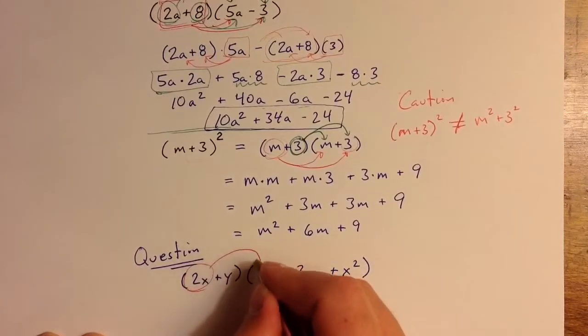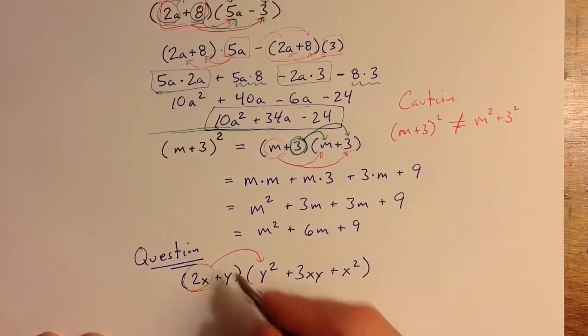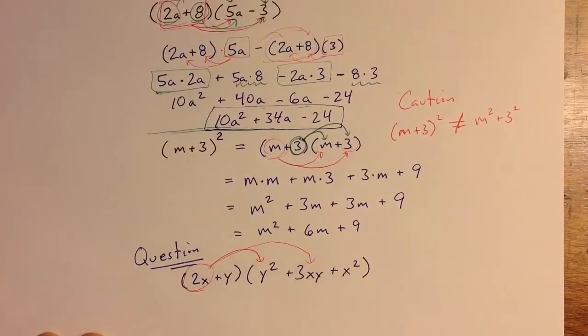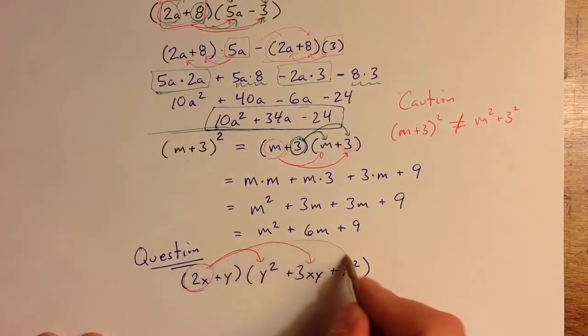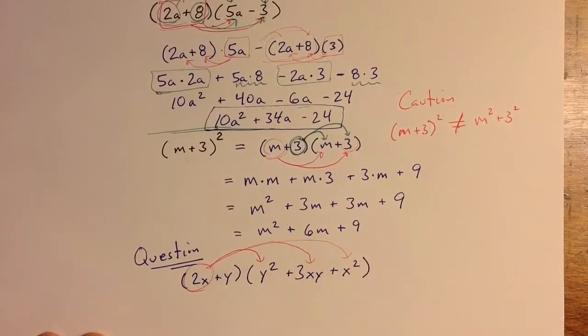So the 2x multiplies with y squared, and also with 3x times y, and also with x squared. And then the y multiplies with y squared, and also with 3x times y, and also with x squared. So let's write that out, and maybe I'll use colors to do that.